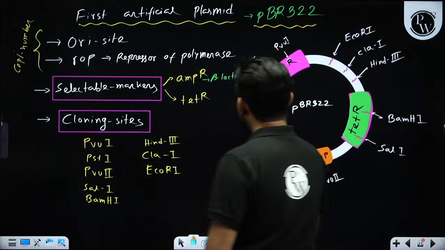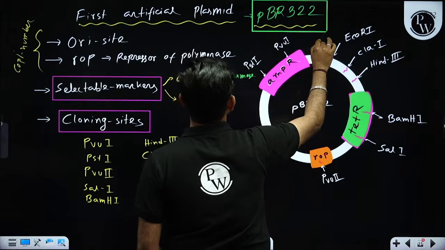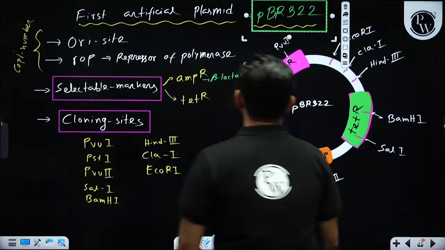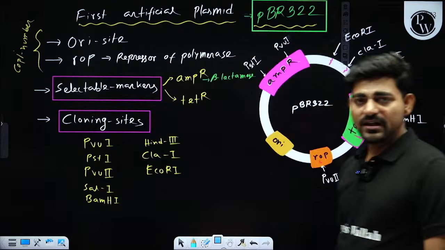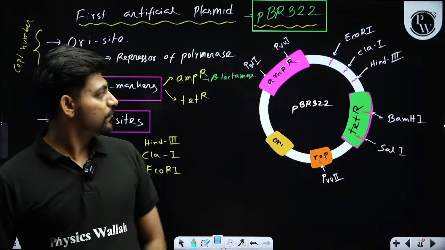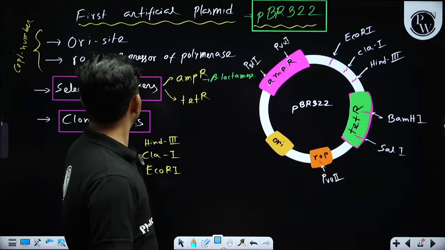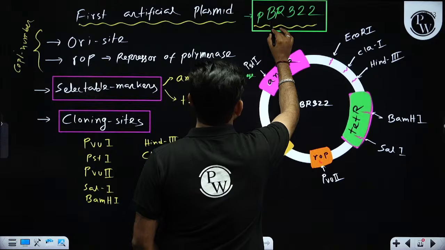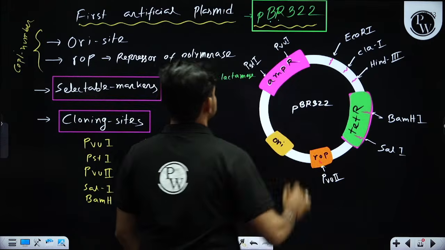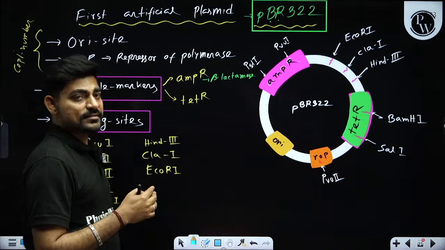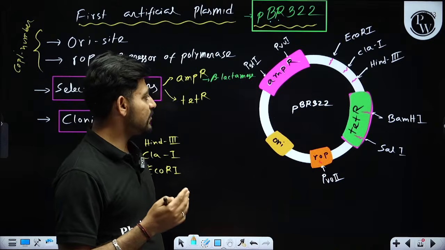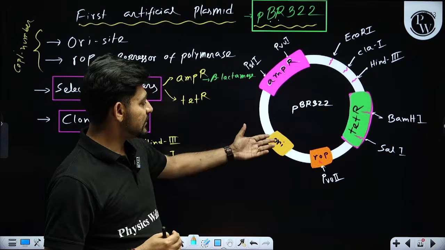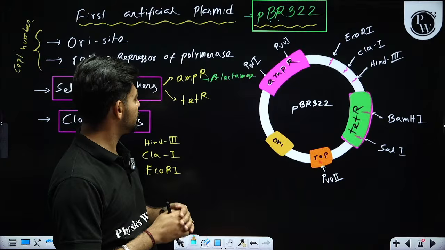Now, we will talk about the first artificial plasmid that is known as pBR322, and the full form of pBR is plasmid of Bolivar and Rodriguez. Okay. So, scientists called Bolivar and Rodriguez constructed this particular artificial plasmid.